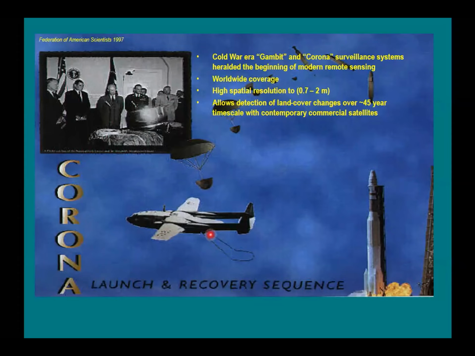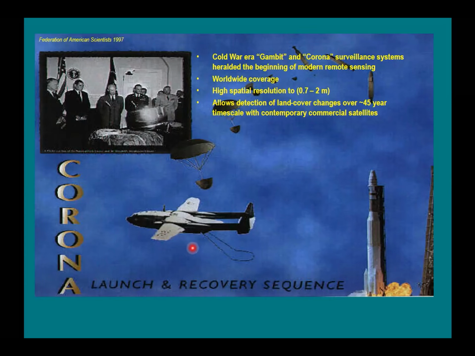And so the first spy satellites were put into space in the early 1960s, and we started to collect some good data from them in the mid to late 60s, and that extended through the 70s as well.